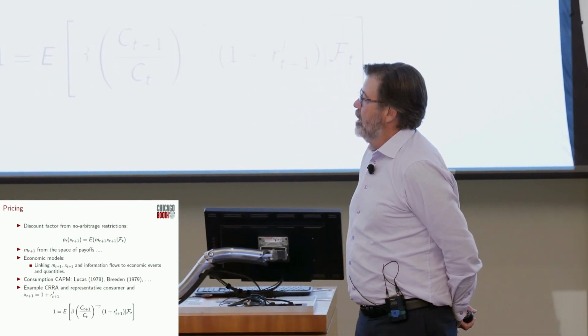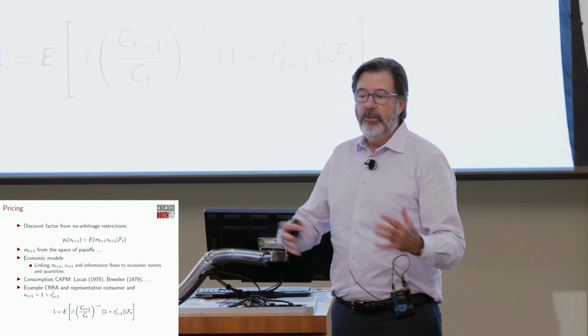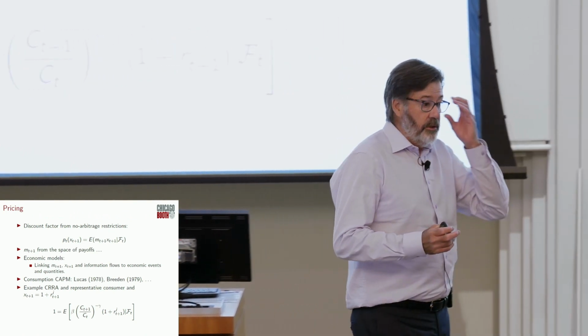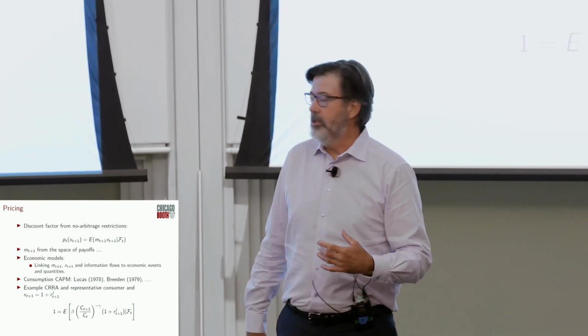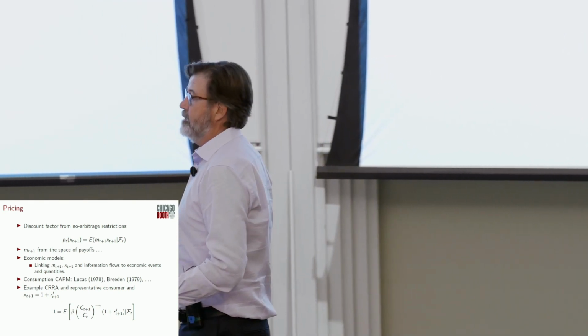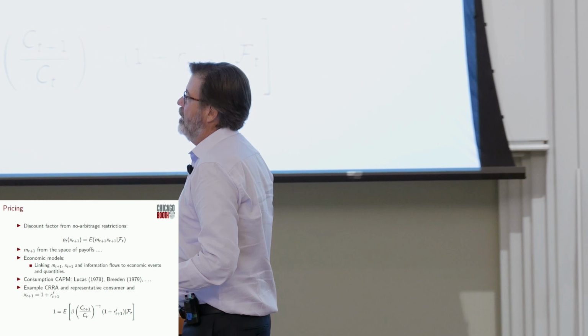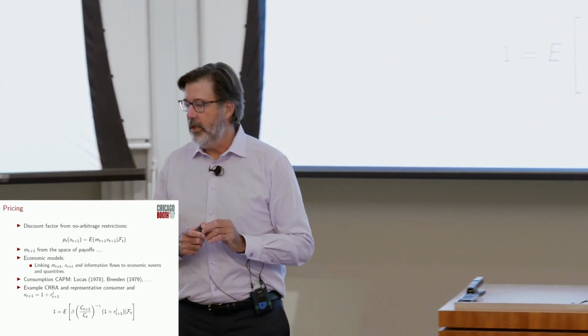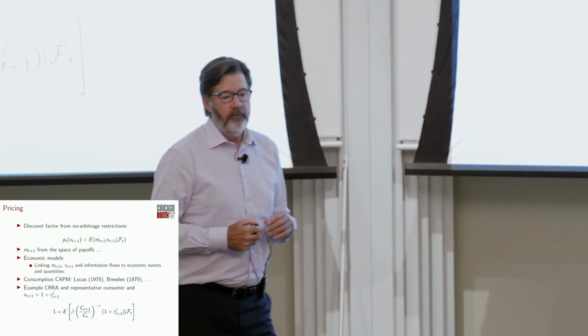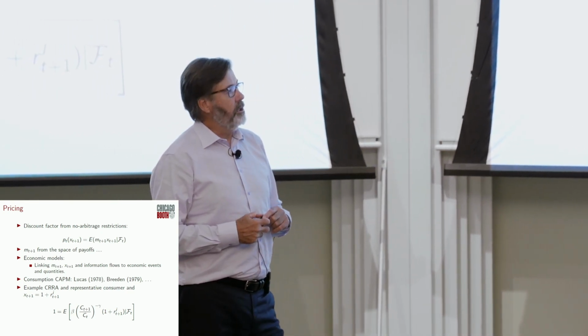No arbitrage would just say, let's look in the space of returns for pricing, and we know from no arbitrage arguments that a pricing kernel will exist. The question is, how do we reduce the dimensionality of that? And that's what Kent was talking about in terms of Kent and Gene's work.